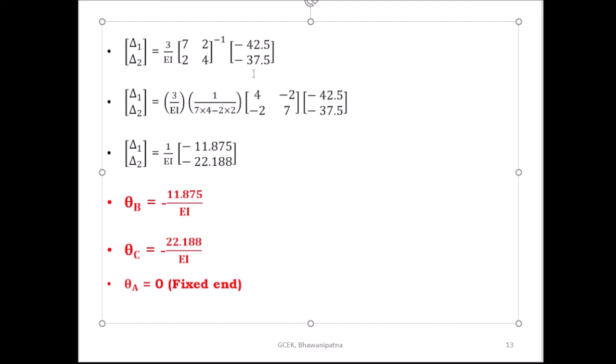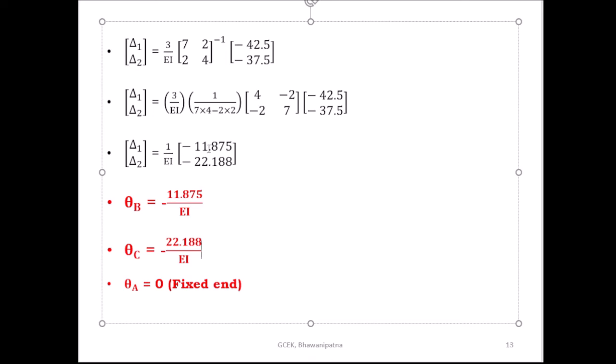Then determine the inverse of the stiffness matrix: 1 by (7 into 4 minus 2 into 2), then [4 minus 2; minus 2 7]. Then multiply the inverse of the stiffness matrix with the force matrix.